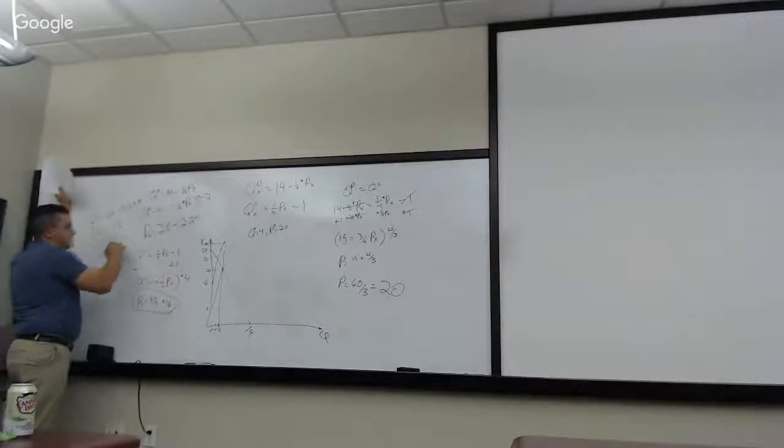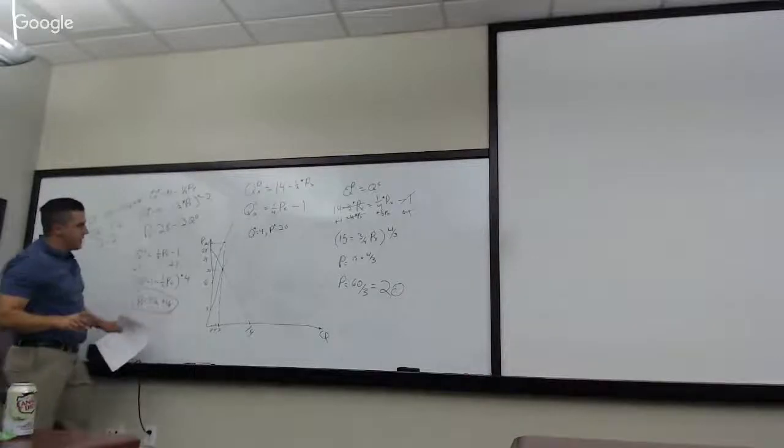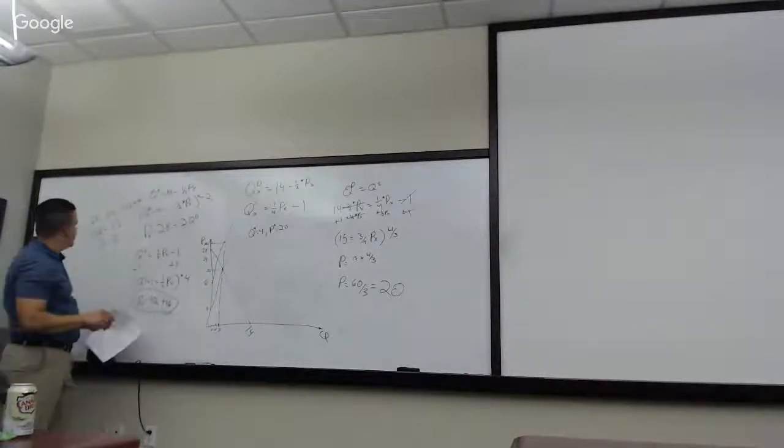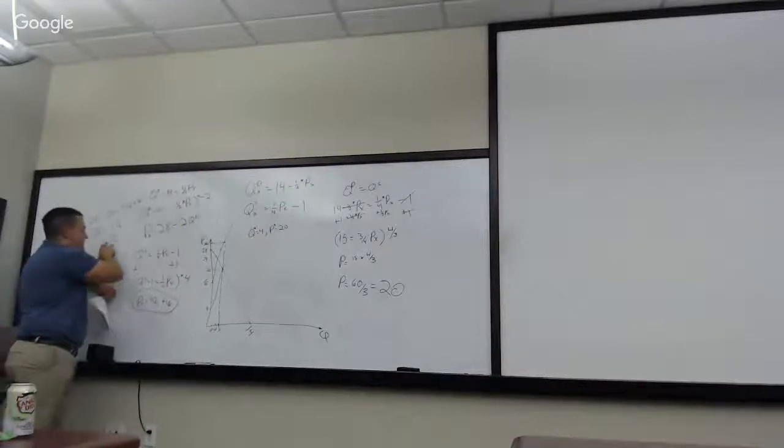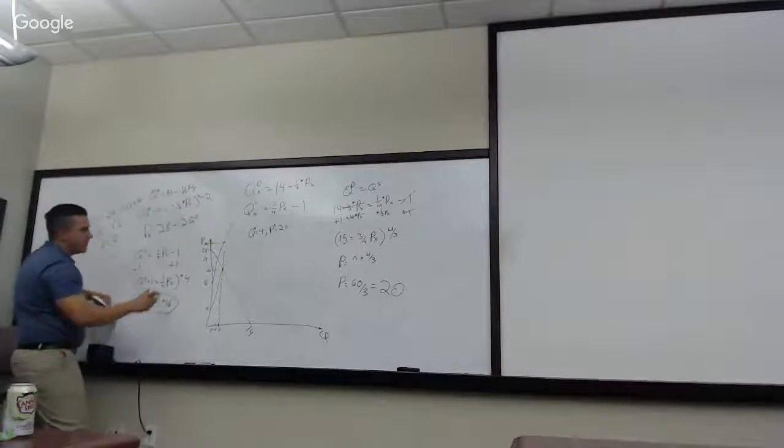Our quantity is equal to 2. So our new equilibrium quantity is going to move from 4 to 2. And so if our equilibrium quantity is 2, that means our price is going to be 8 plus 16, going to be 24.